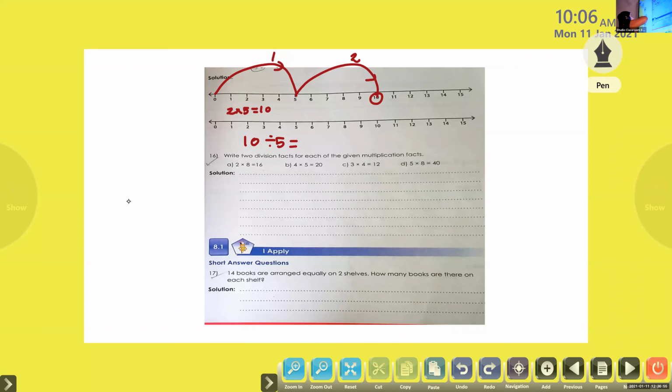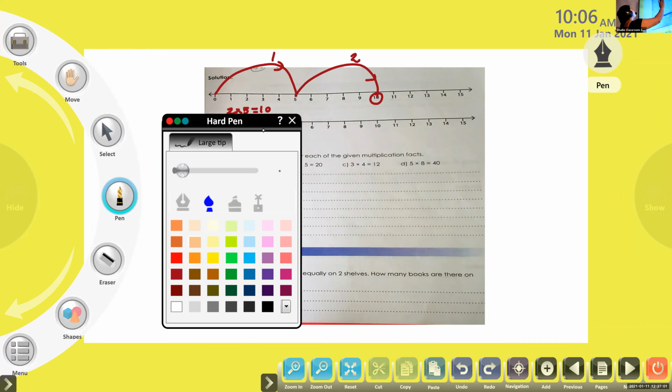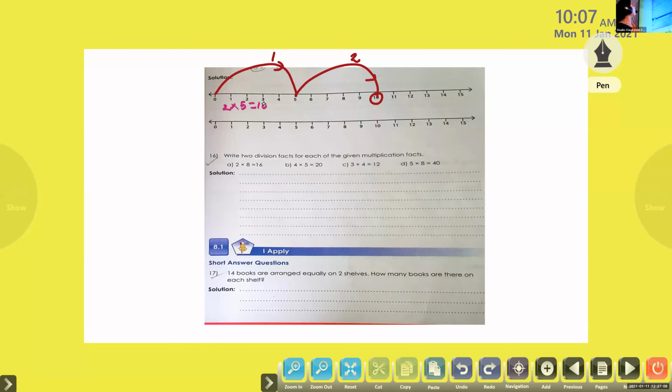So 2 into 5 is equal to 10, you have to write. Next, we have to show 10 divided by 5 is equal to. To divide 10 by 5, you have to start from which number? Which is the dividend? 10.